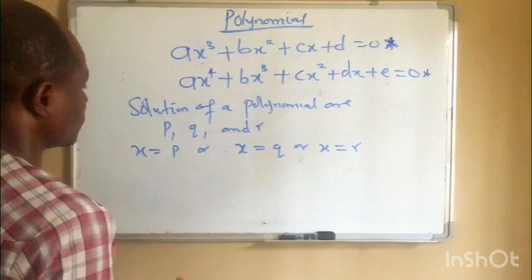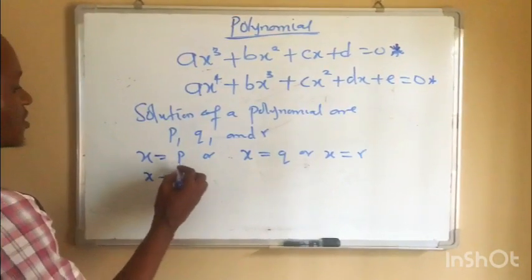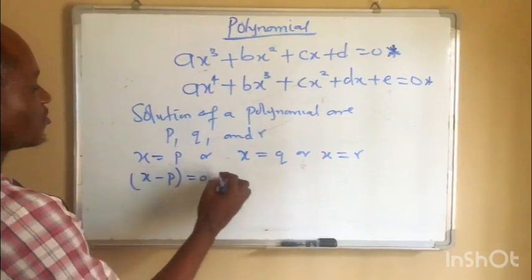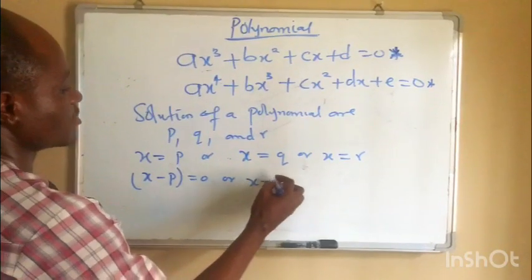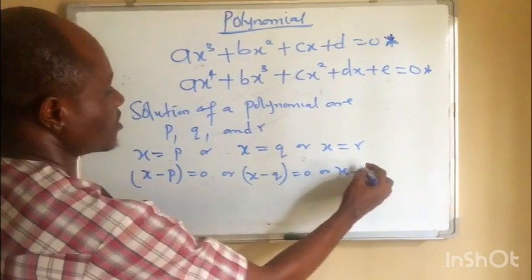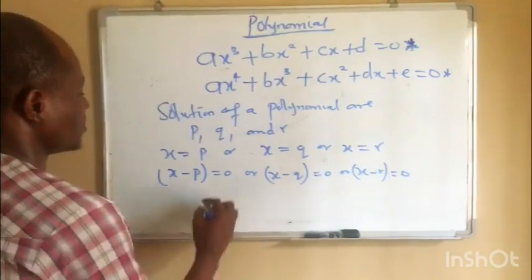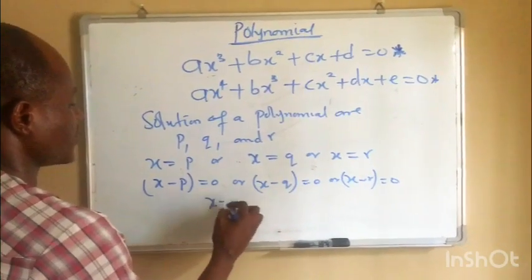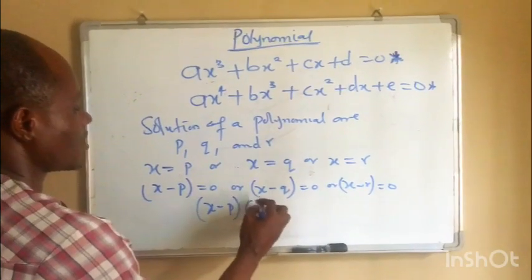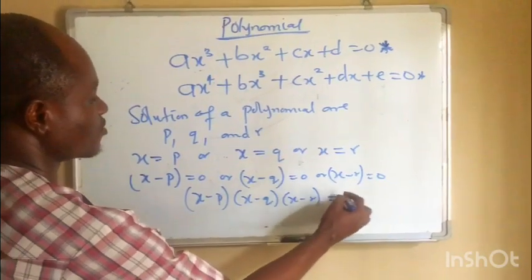From what we learned in quadratic equations, we can write this as x minus p equals 0, or x minus q equals 0, or x minus r equals 0. If I combine the 3, it will be in this form: x minus p, x minus q, and x minus r equals 0.